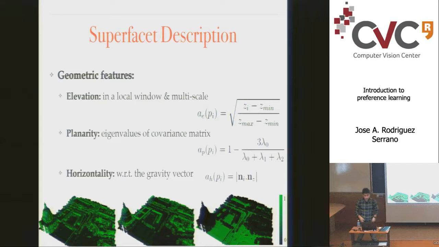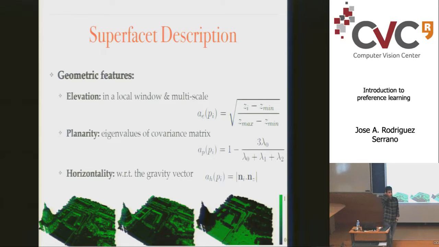The other thing we are computing is planarity. We extract this covariance matrix, which shows the variation over the given superfacet, and then we extract values from it. Lambda 0 is the smallest eigenvalue, and the others are the other two.